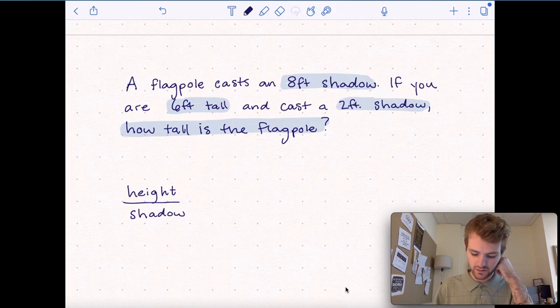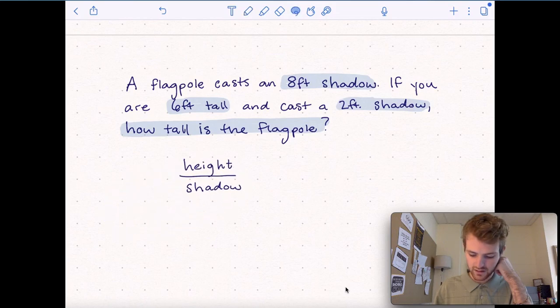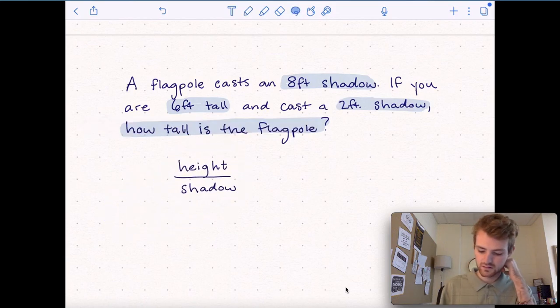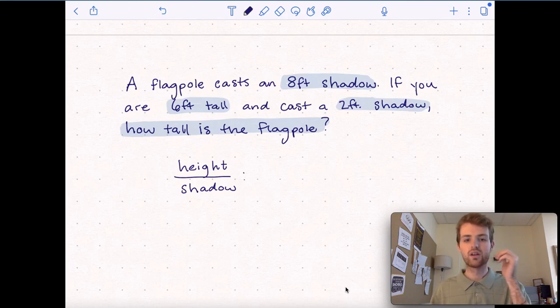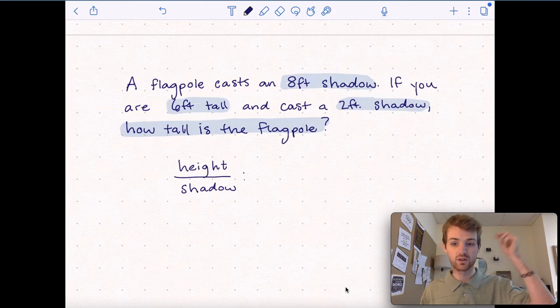Let me move this over so we can see this as kind of an indentation. Go ahead and write that off to the side just to keep track in your brain of how we're going to set up this proportion.